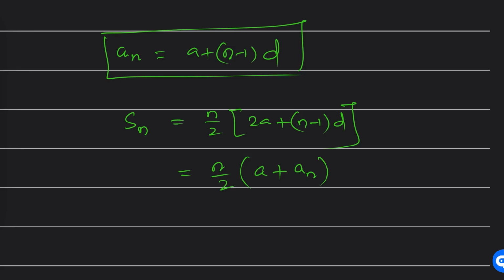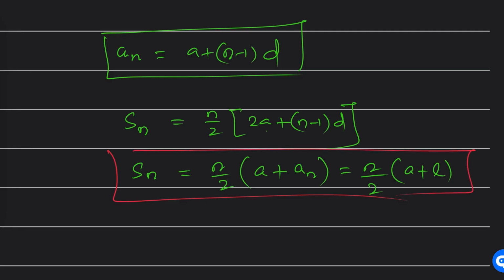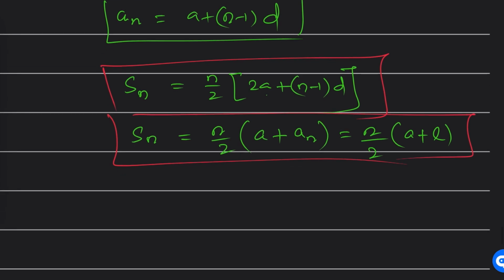See, 2a can be written as a plus a, and a plus n minus 1 d is a n. So I am writing a n. Or sometimes it is also written as n by 2 into a plus l, the last term. These are just common symbols, you can remember, right? This is the formula you should keep in mind, sir, and this is also important. In AP these are enough to understand, that's it.